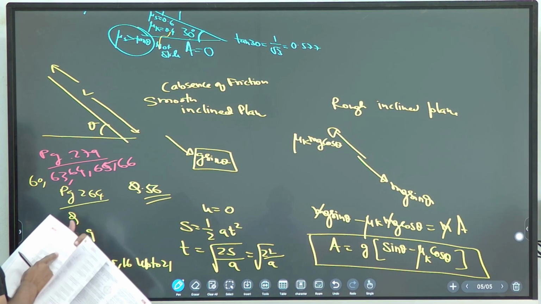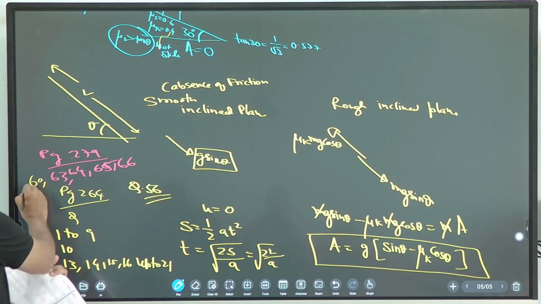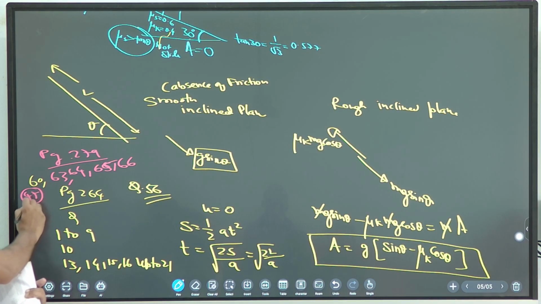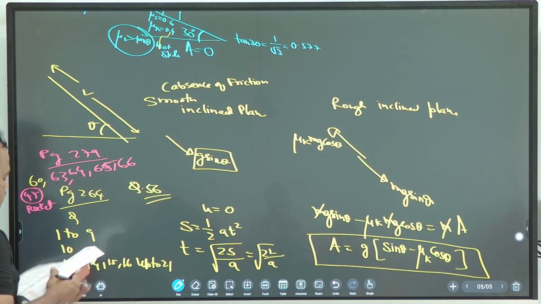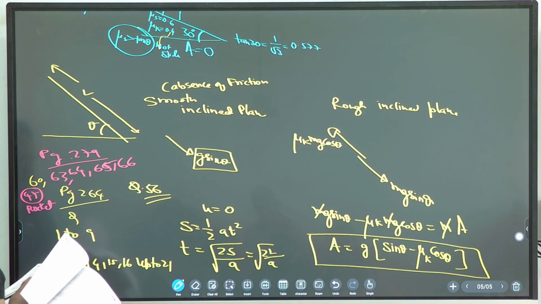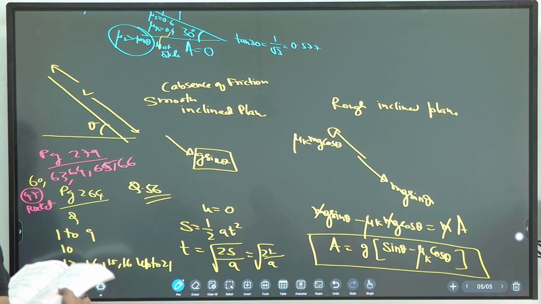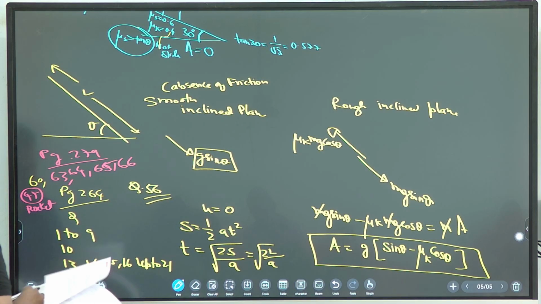That one rocket question is also there. Okay, if you have not solved, solve 47 also, the rocket question, and 53 also.